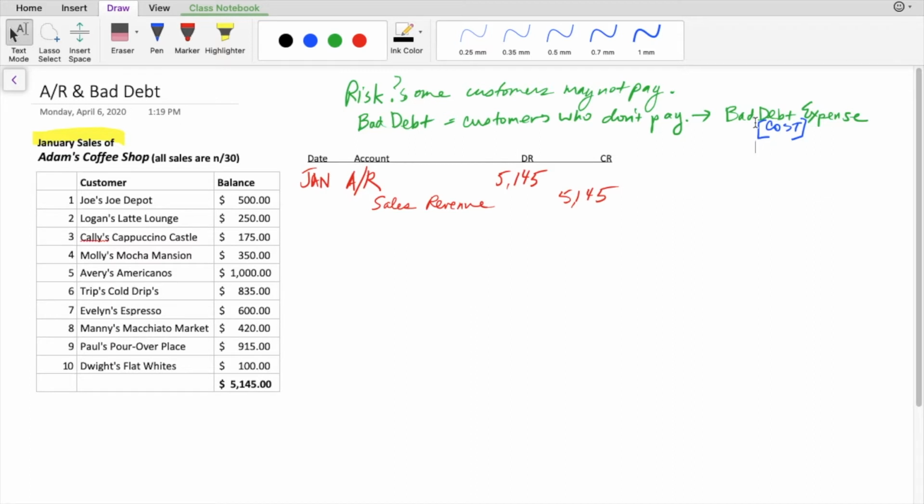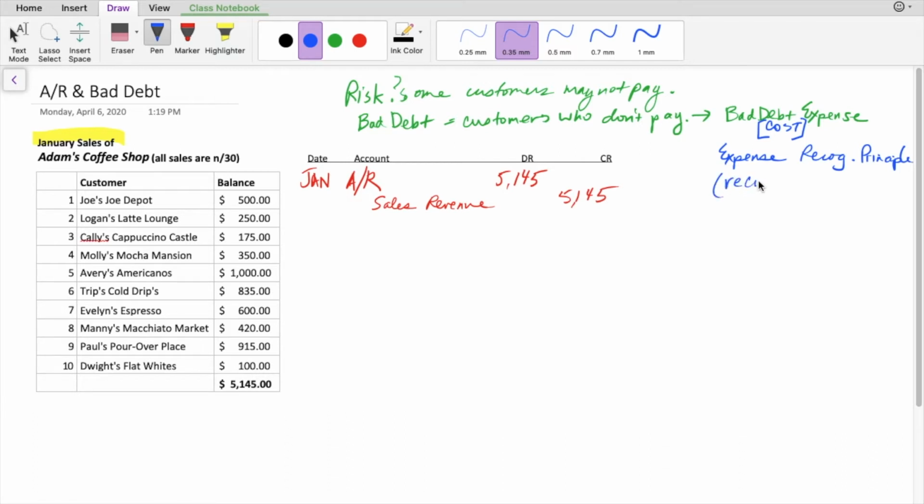When we have expenses, if we remember anything from our previous discussions, we have to follow what principle? We have to follow the expense recognition principle. Which means, right? What does that mean?